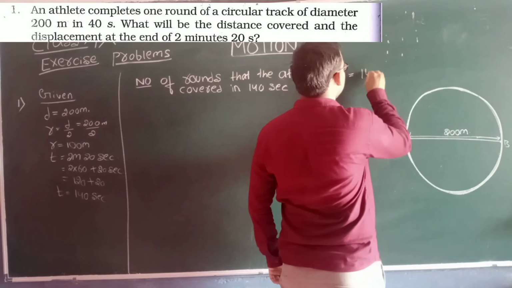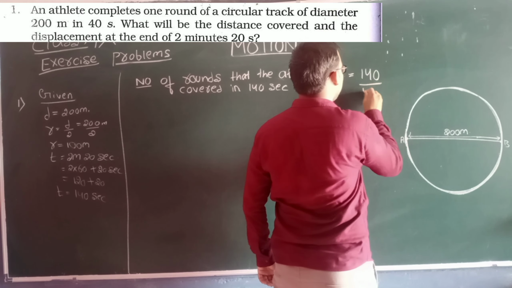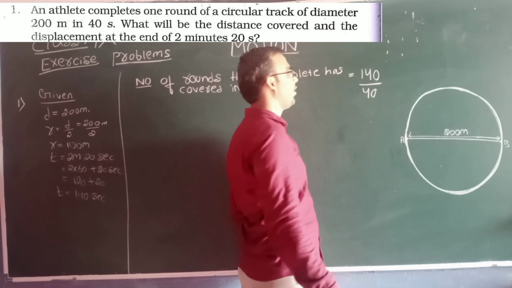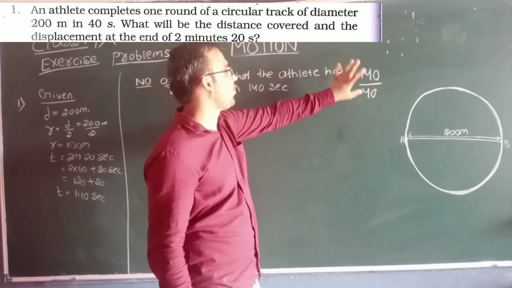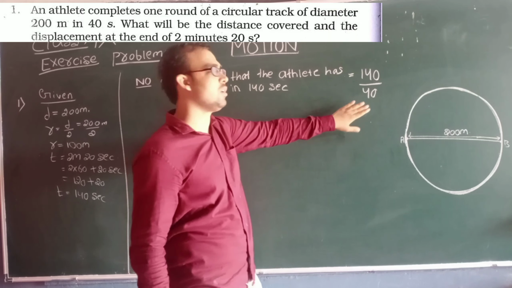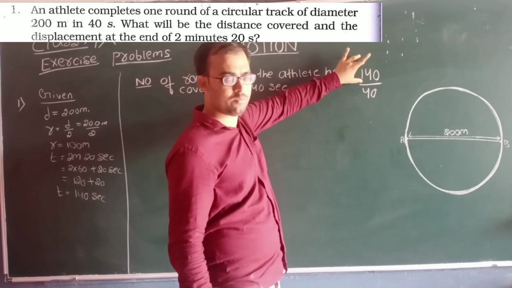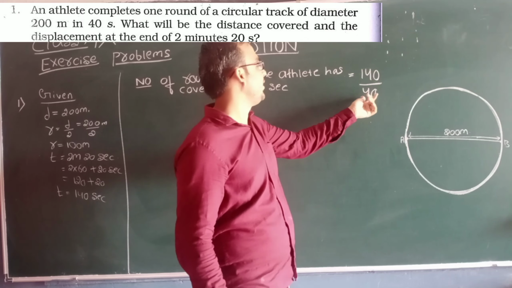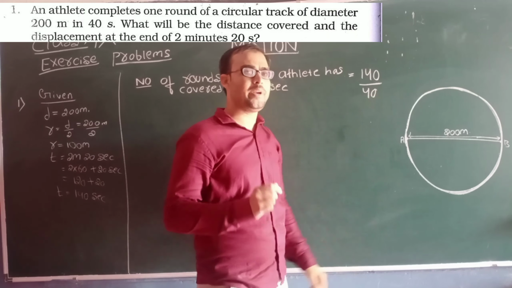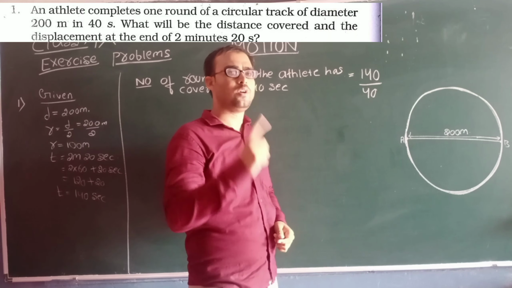So here, 140 divided by 40. Why have we taken 140 divided by 40? Because 140 is the total time, and this 40 is the time taken by the athlete to cover one round.